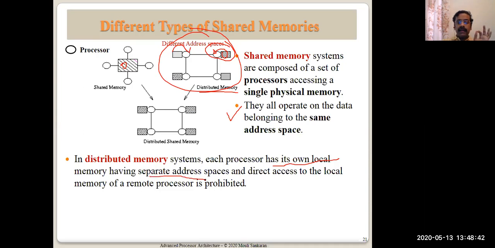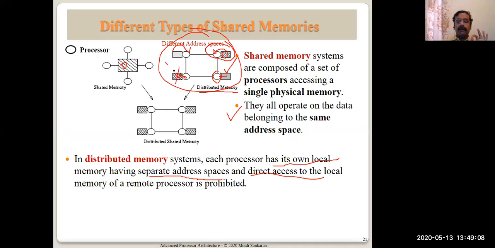Having separate address spaces, that means one is hashed and one is gray colored. So its own separate address spaces and direct access to the local memory. The local memory is directly accessed by the CPU. So this CPU can access this memory much faster than this memory.